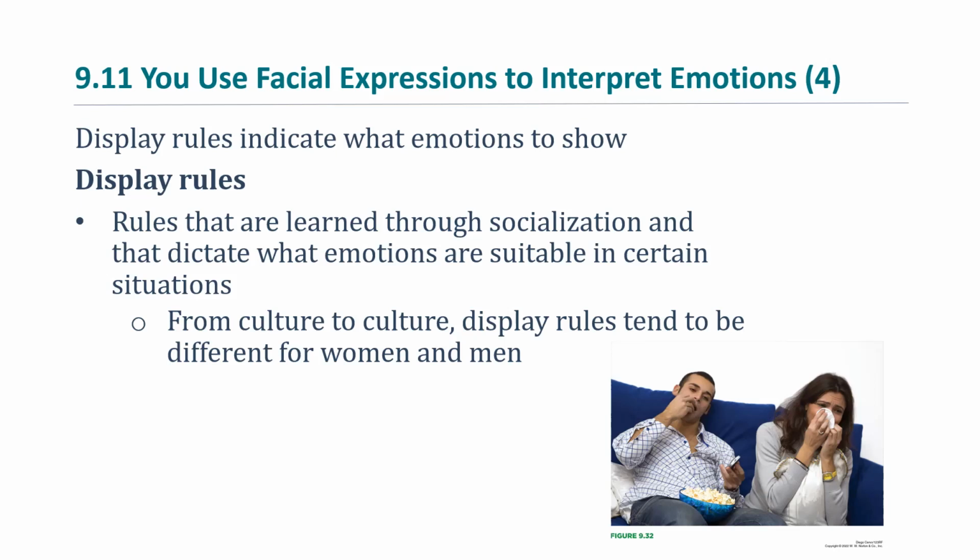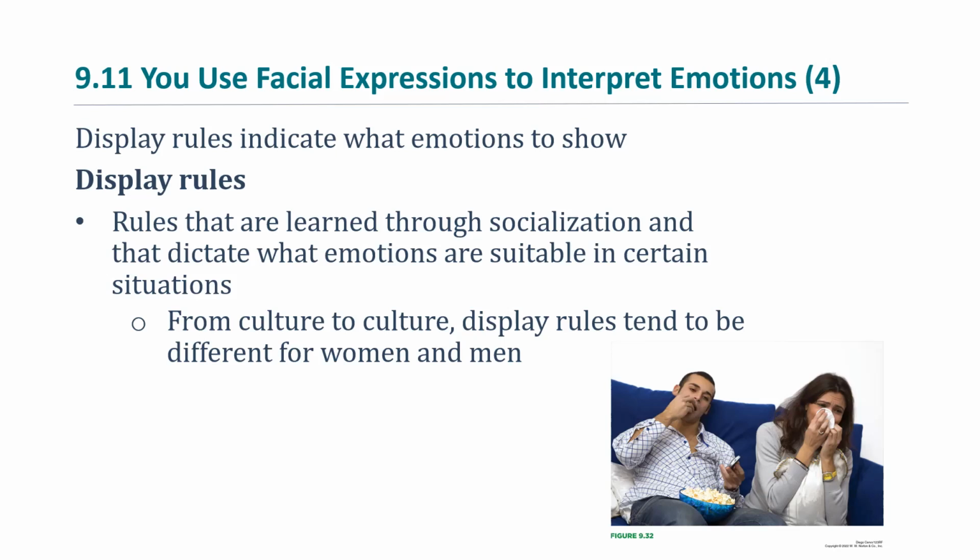Also, within a culture, display rules tend to be different for women and men. Males and females tend to show different emotions, even in majority American culture. For example, in a single situation, a woman might show emotion while a man remains expressionless, as in this picture here.